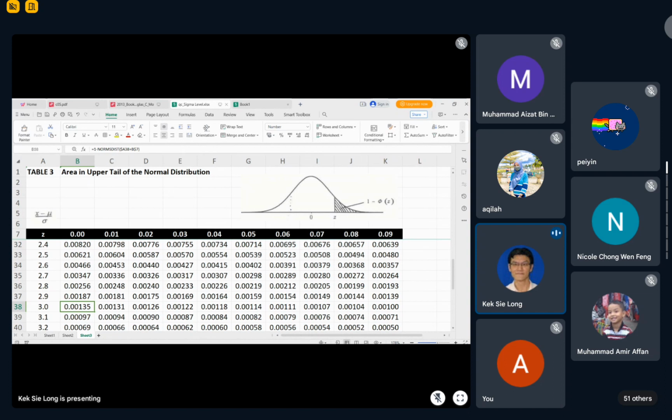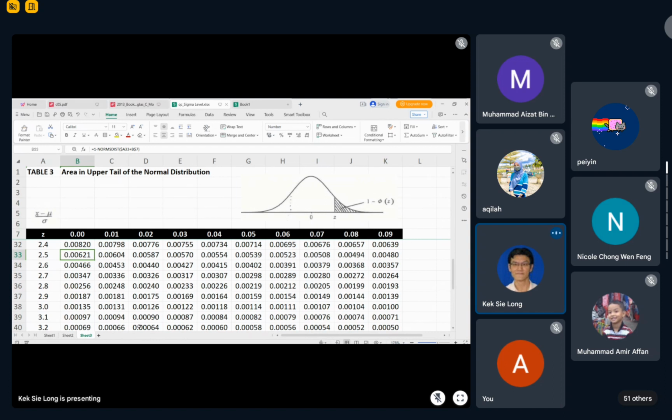So we do some division for the 3 sigma level. From here, for the 3 sigma level, 0.00135. We have to multiply this value by 2, so it becomes 0.0027. The same thing if I change to the 2.5 sigma level: what is the P value?